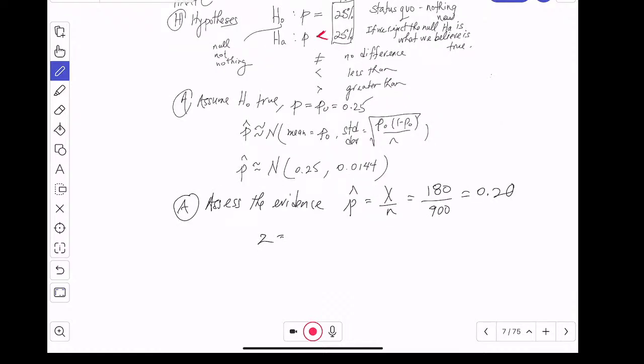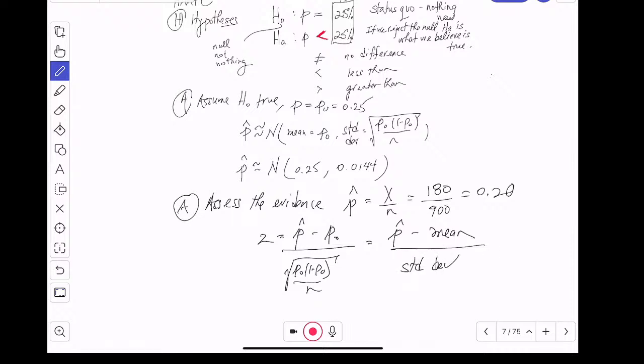Z is equal to p hat minus p0 divided by this thing. Now we already calculated this, so I'm just writing it to write it, I guess. We're going to basically standardize, taking the mean off and dividing by the standard deviation of p hat, which we assume would be that.